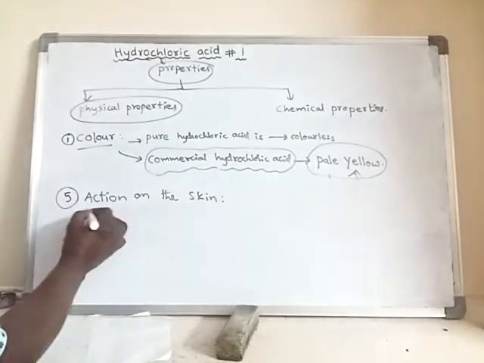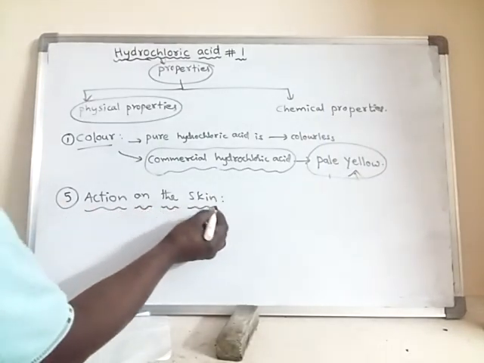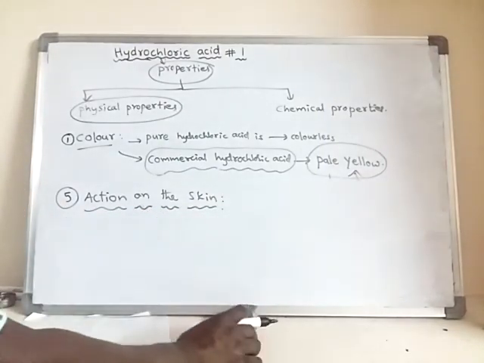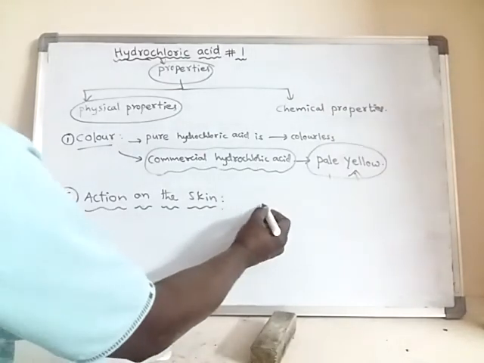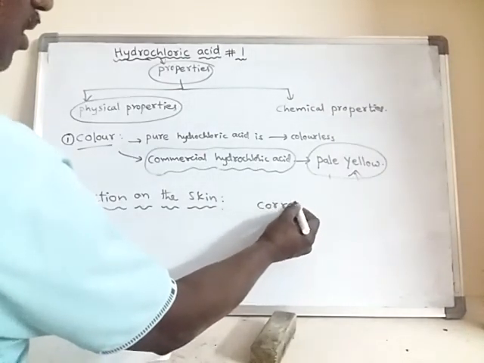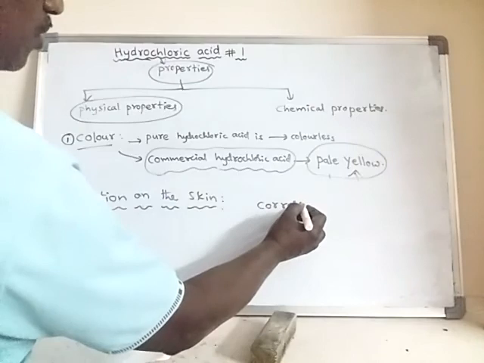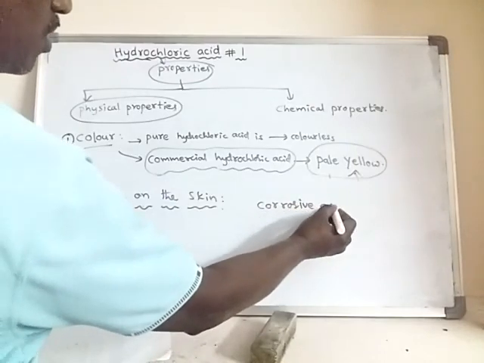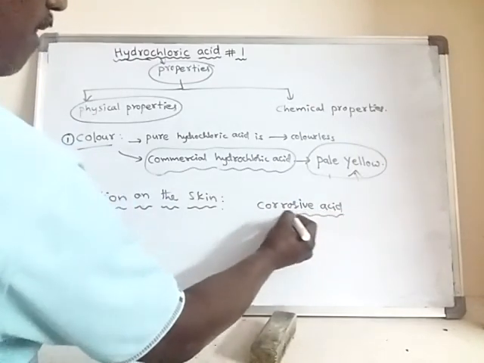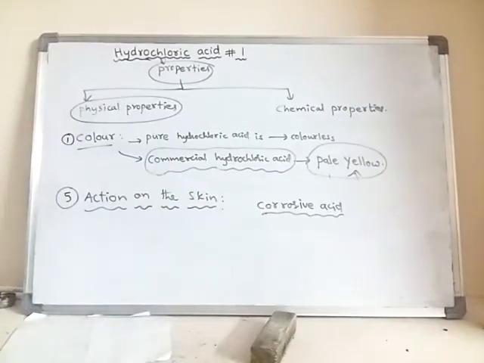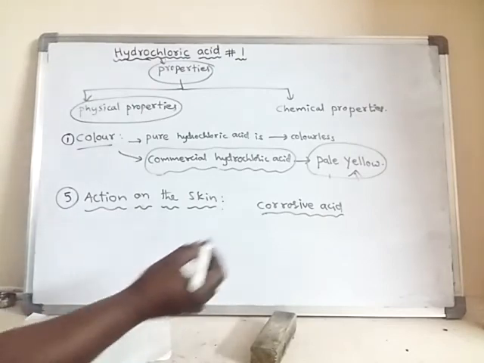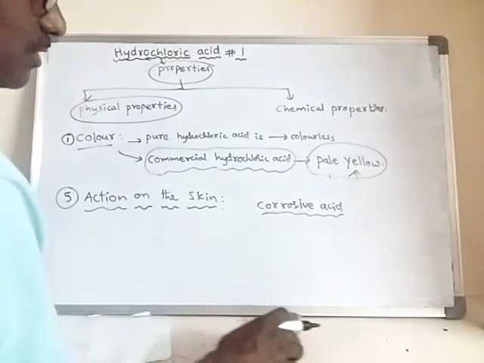Hydrochloric acid is a corrosive acid. That means it stains the skin a dry or brown color. So it's a corrosive acid.